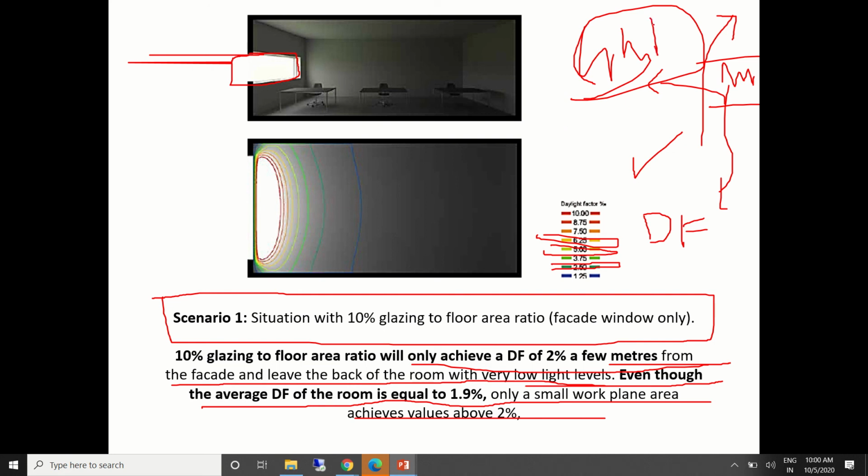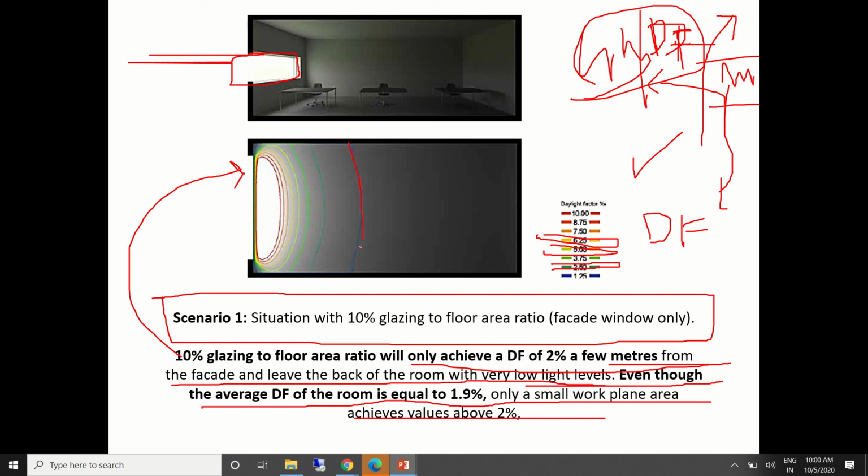Daylight factor is one of the tools that is recommended in most of the guidelines. So this number is given: what should be the ideal daylight factor in this room. If we keep a 10% window in the room, to what extent?